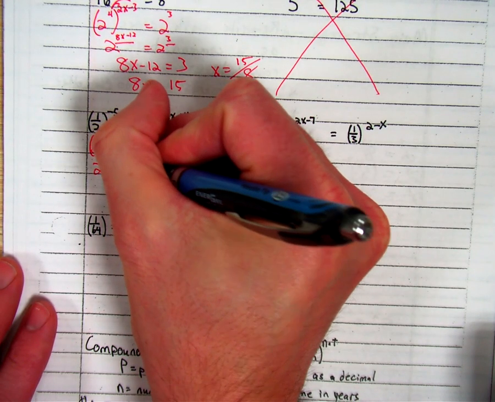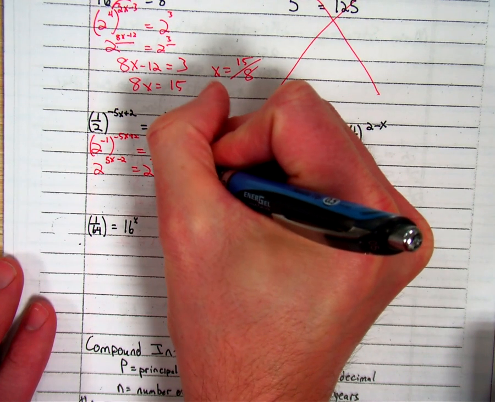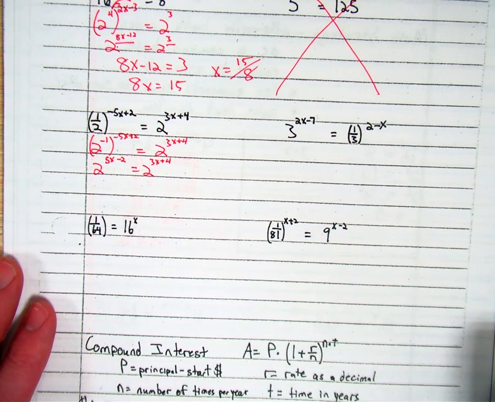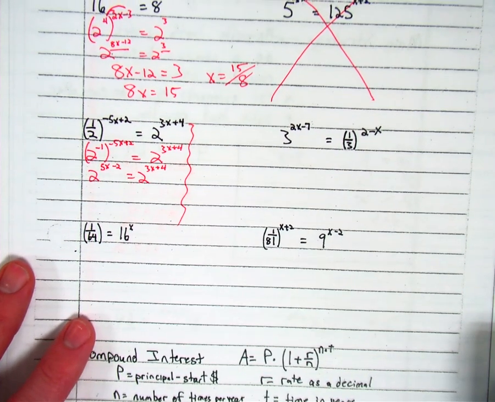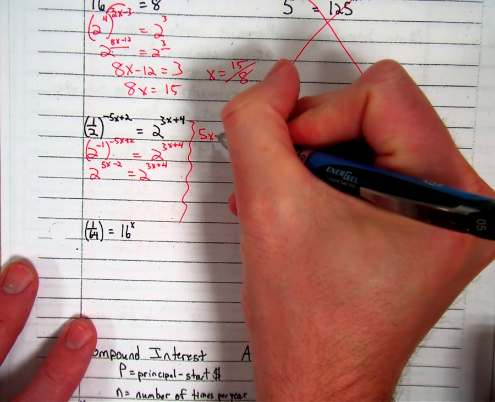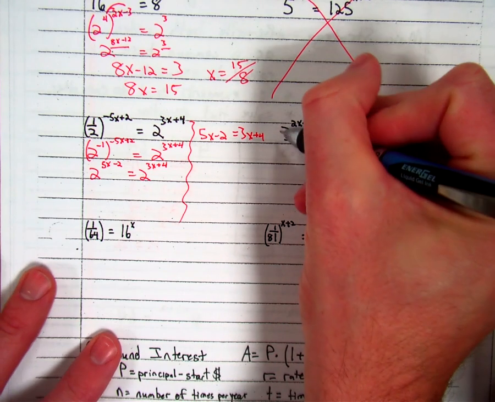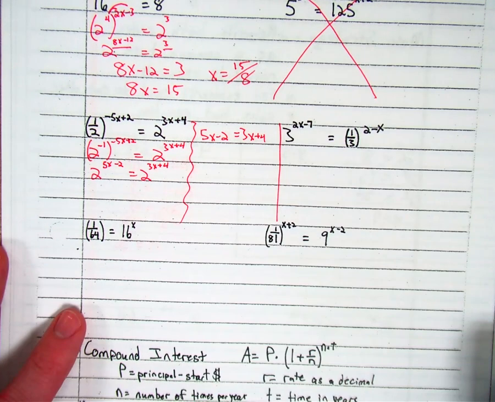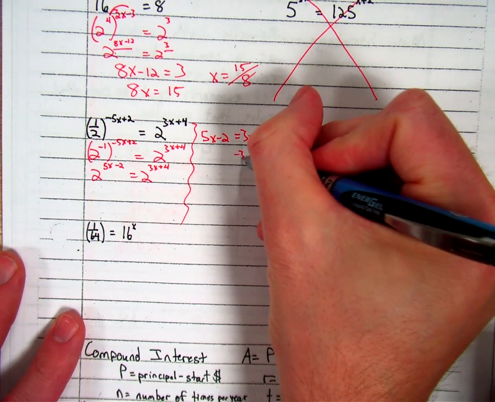So now it's positive 5x minus 2. We're kind of running out of room, so I'll just put it off to the side over here. 5x minus 2 equals 3x plus 4. I'm going to subtract 3x.